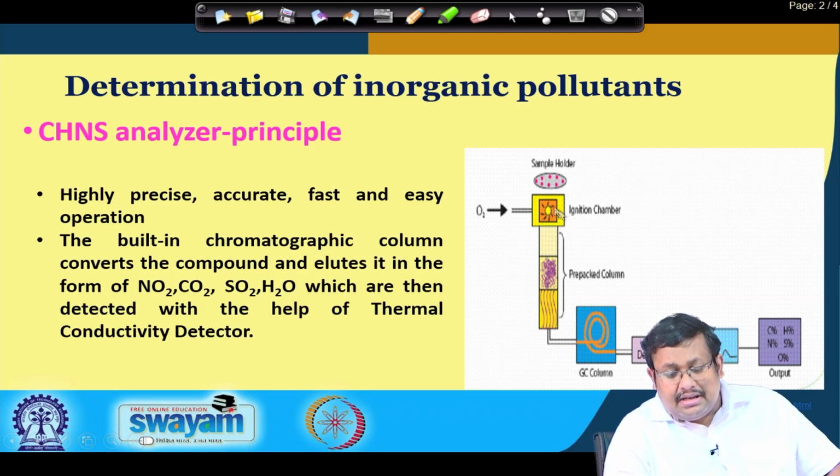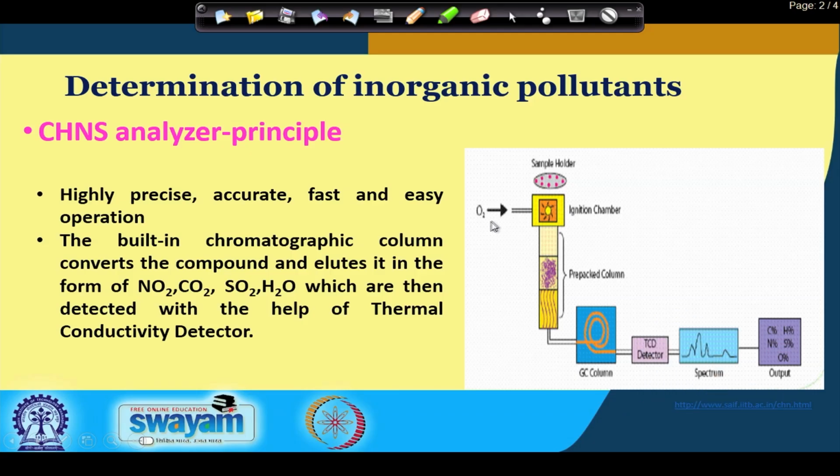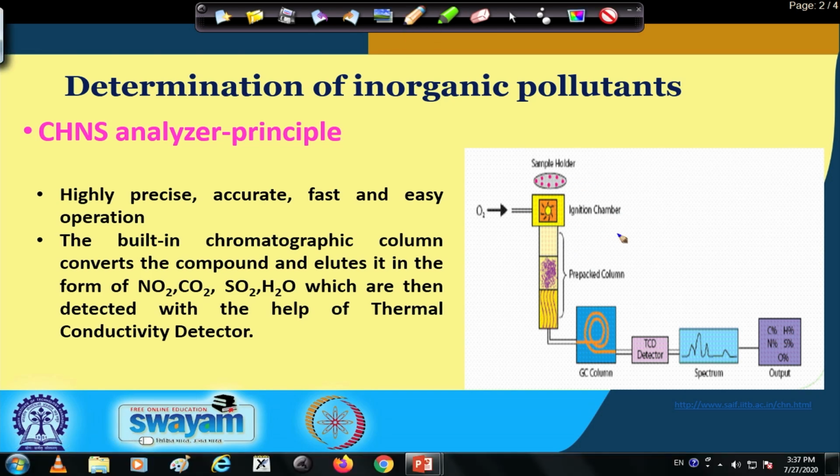In this ignition chamber the samples are ignited with the help of oxygen which is introduced, and then they convert into sulfur dioxide, carbon dioxide, nitrogen dioxide and water vapor, and then they move through a pre-pack column. After the gas mixture moves through this pre-pack column, it further moves through the GC column or gas chromatography column, and finally, it is detected by this TCD detector.